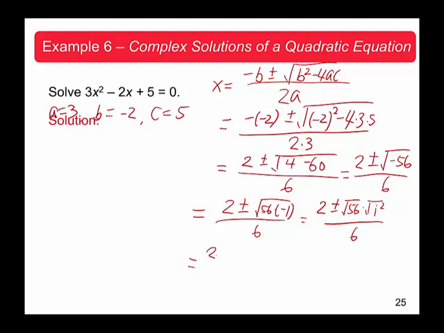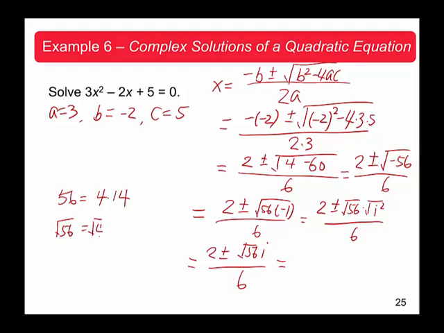Simplify further, it should be 2 plus or minus radical 56 i over 6. Now 56 you can expand as 4 times 14. So radical 4 is 2. So radical 56 equals radical 4 times radical 14. So this is 2 radical 14.